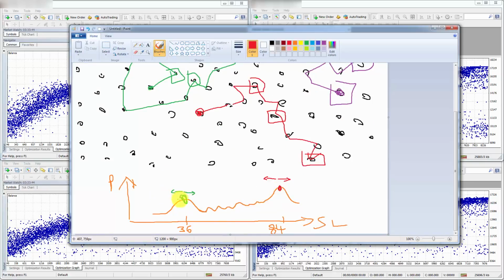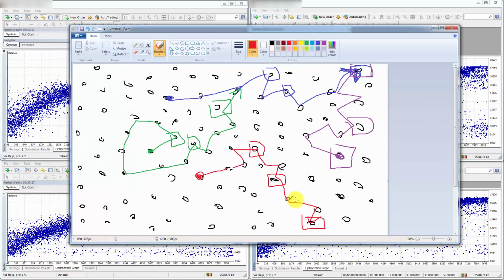So if you just launch one, you might find yourself stuck at one of these local extremums for profit, and not being able to find other parameters. That's why personally I prefer to launch a couple of genetic algorithms at the same time.